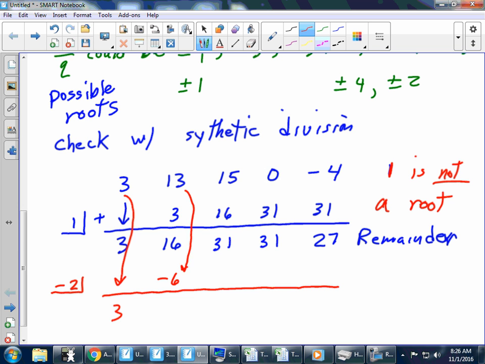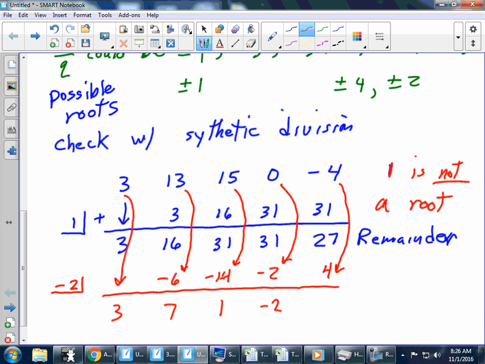Add them: 13 and negative 6 is 7. Times negative 2 is negative 14. 15 and negative 14 is 1. Times negative 2 is negative 2. 0 plus negative 2 is negative 2. Check it out: negative 2 times negative 2 is 4.